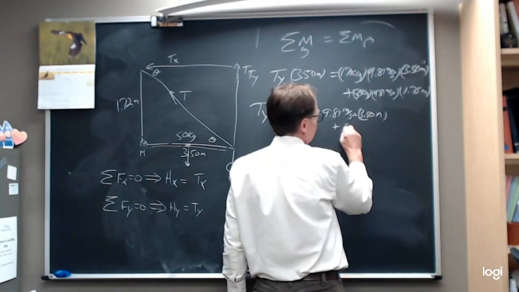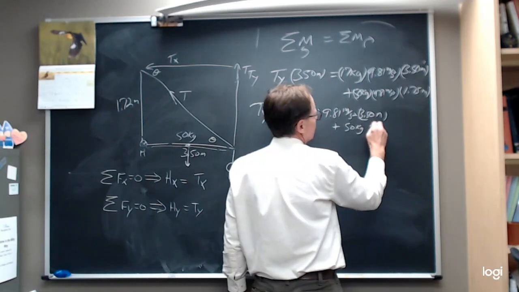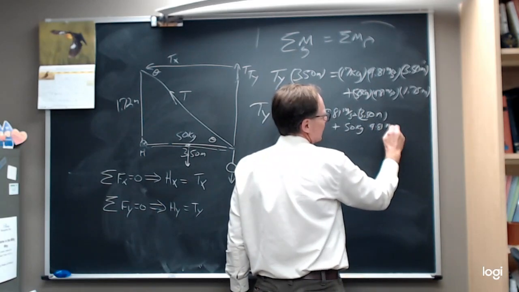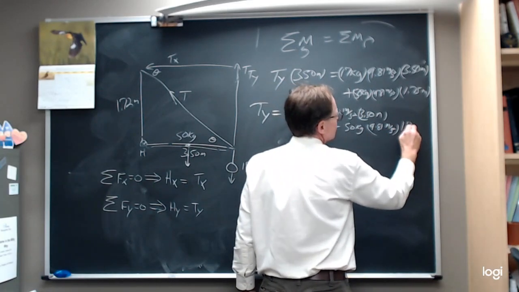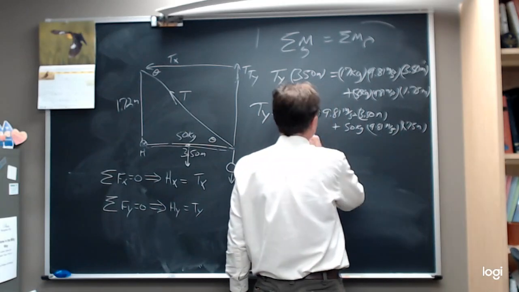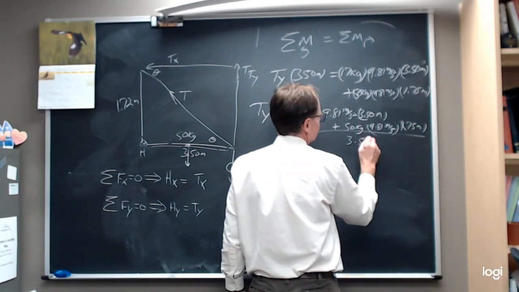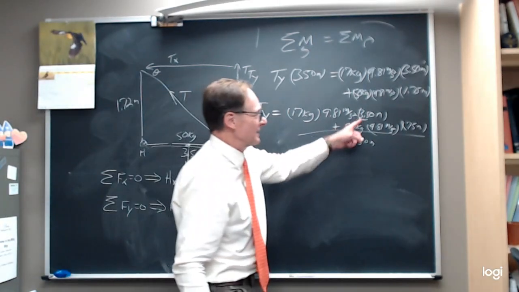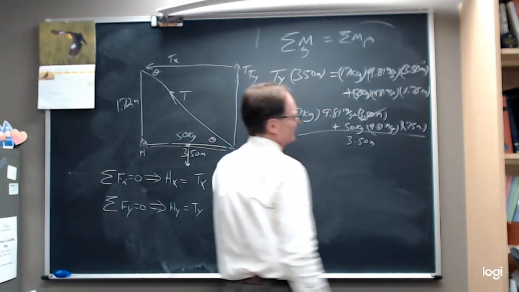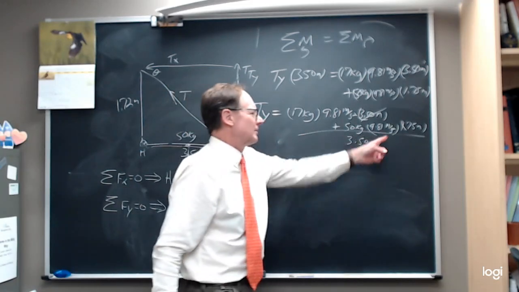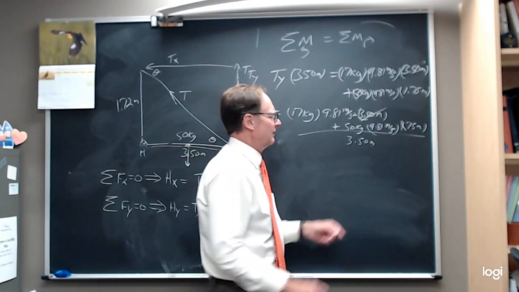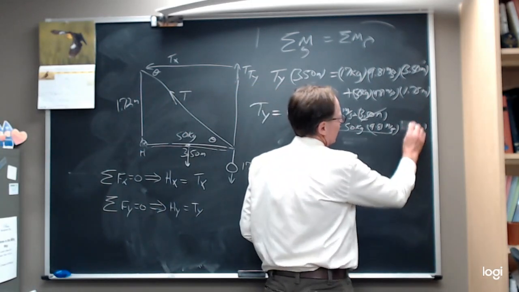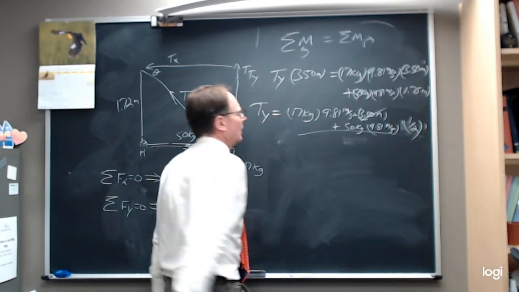Plus 50 kilograms times 9.81 meters per second squared times 1.75 meters, all divided by 3.50 meters. All I did was divide the 3.5 out to the other side. It's going to cancel that out completely. And in this term, it's actually going to be 1.75 over 3.5, which is a half.